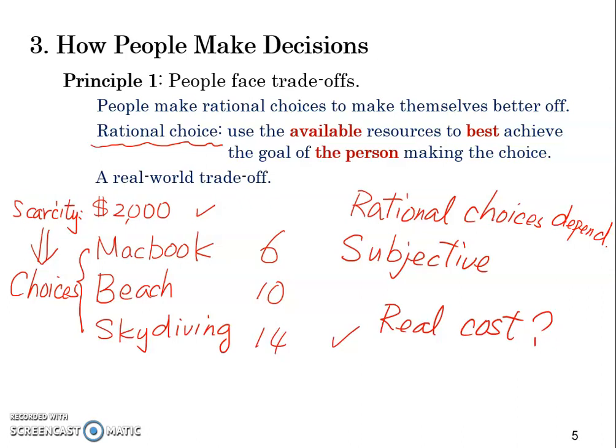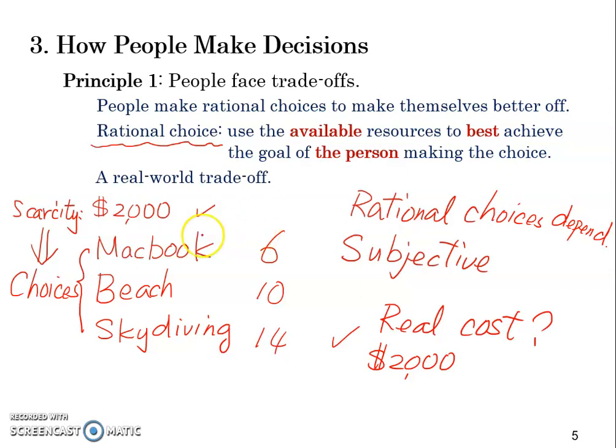Our common sense would say, to go skydiving, we have to pay $2,000. That's the information given in the question, right? So the real cost is $2,000. Is that true? In economics, we say your real cost is something you have to give up to be able to take your first best choice.